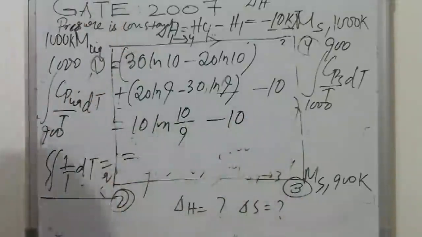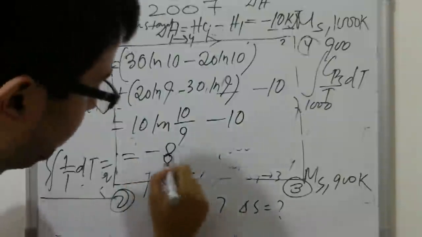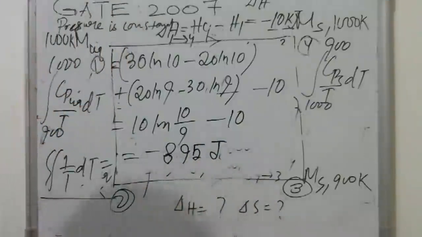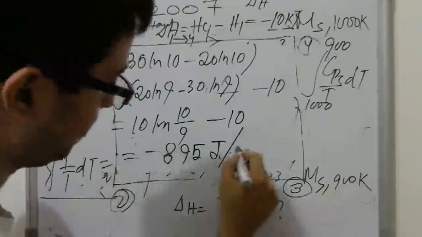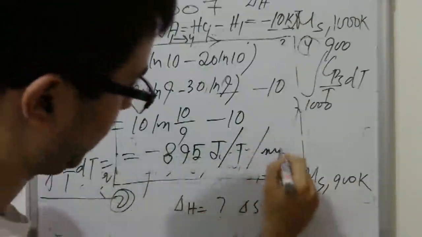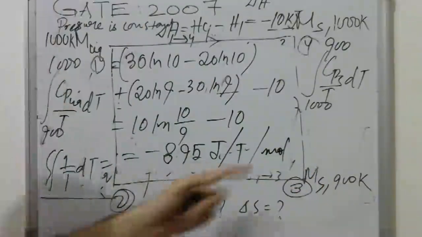So you just do the calculation. You will find that it will be minus 8.95 joule per K per mole. Okay, so this is the unit of entropy.